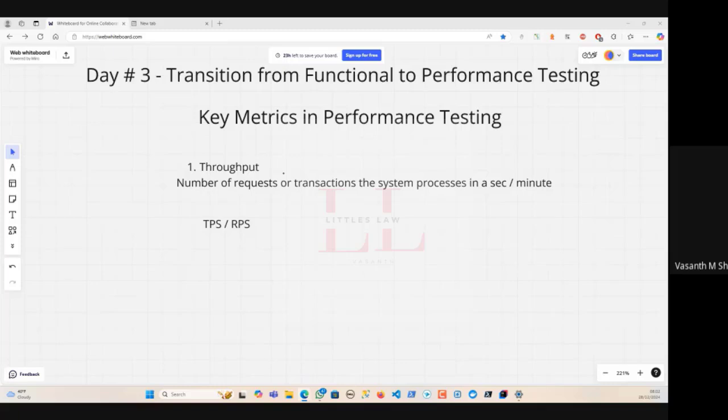You can find that using the number of requests. Your requirements will come from the user, say, I have 100 users who are making their transactions. We normally get the SLAs from the current requirement, from the current application. That's for an existing application.